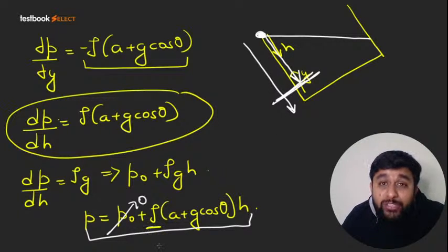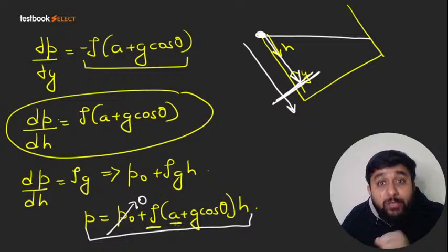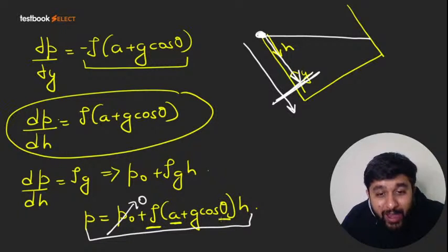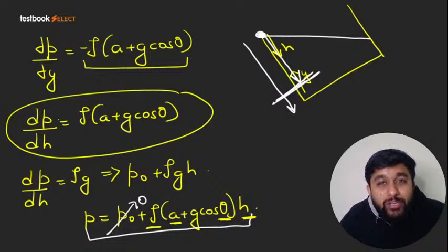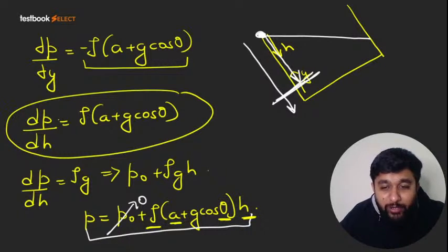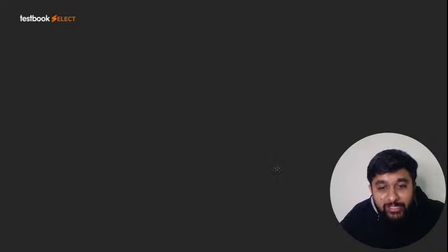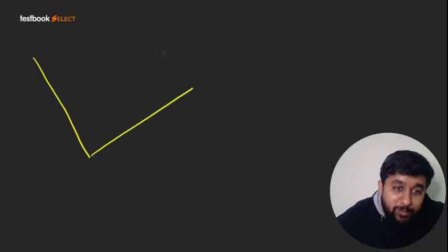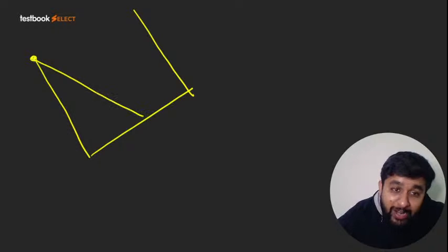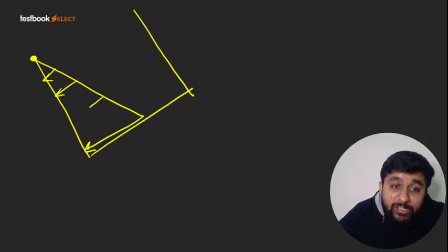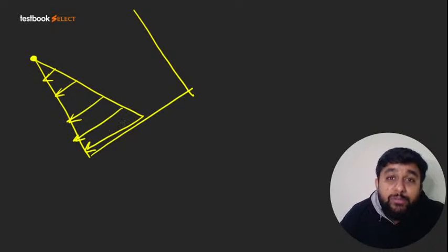Rho will be 1000 kg per meter cube, A will be 3.66 meter per second square, and theta will be 30 degrees. The h value is 20 centimeter. So you will simply say that the pressure at the top is going to be 0. Pressure at the bottom can be found out, and we know that pressure is increasing linearly with h. So this will be the pressure prism. The volume of the pressure prism will give us the pressure force.